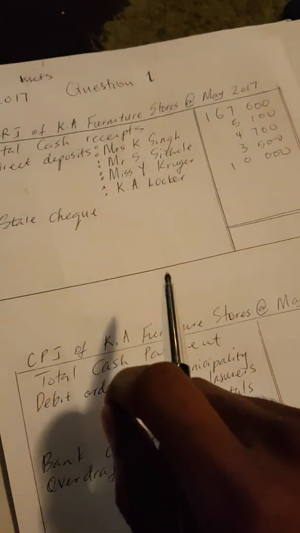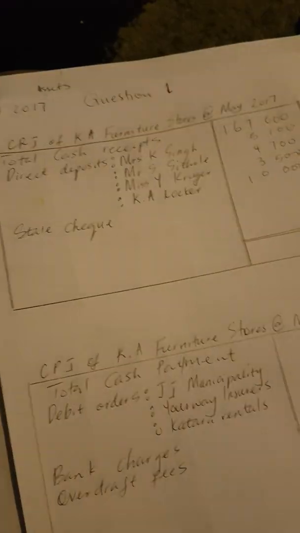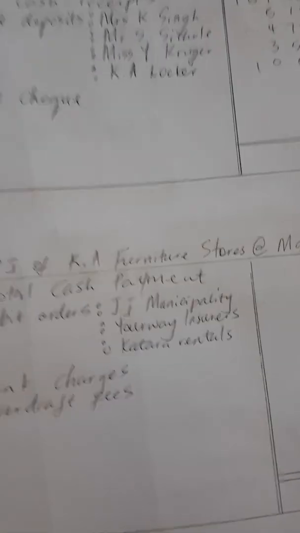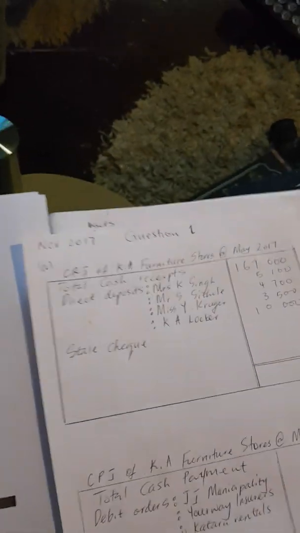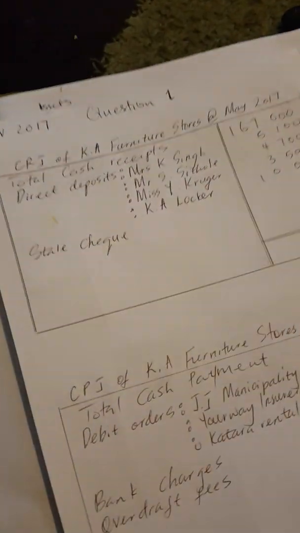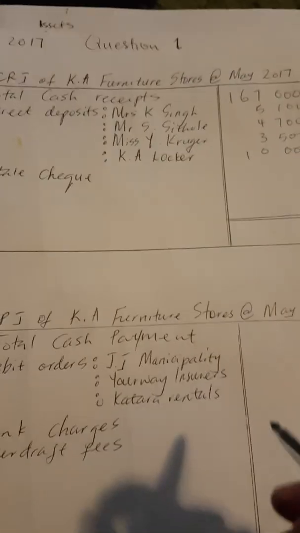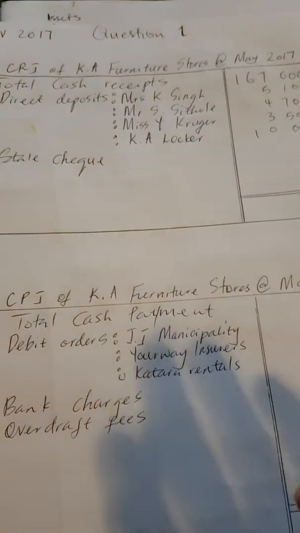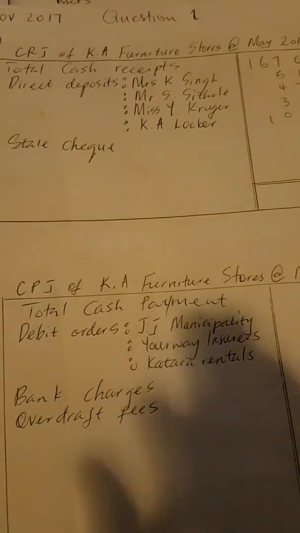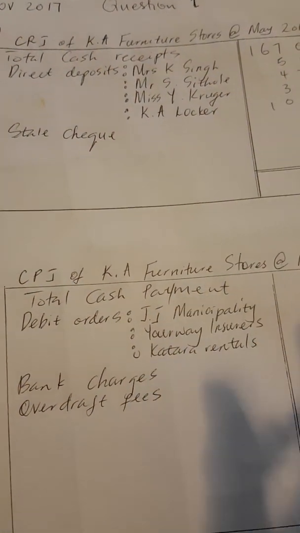We also add what we call a stale check. So what is a stale check? A stale check is a check that you paid your clients or your suppliers, and what happened is that check wasn't used within a period of 6 months.